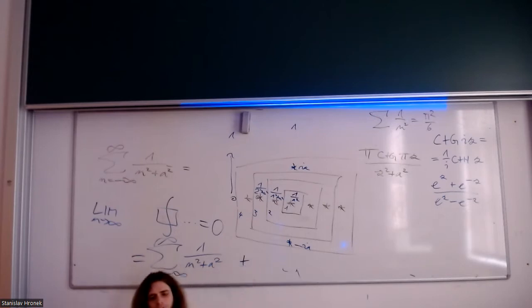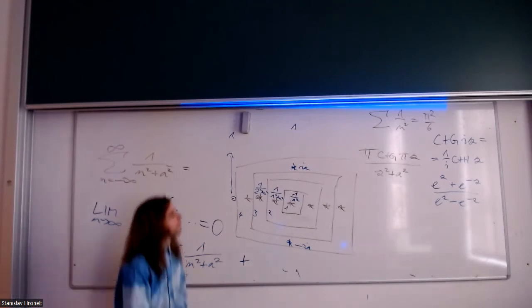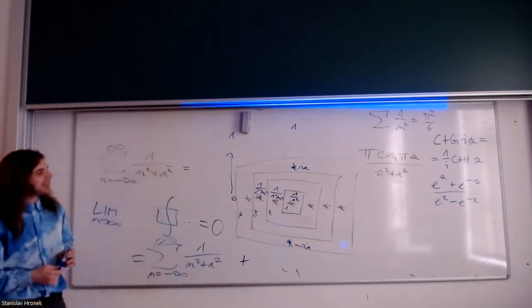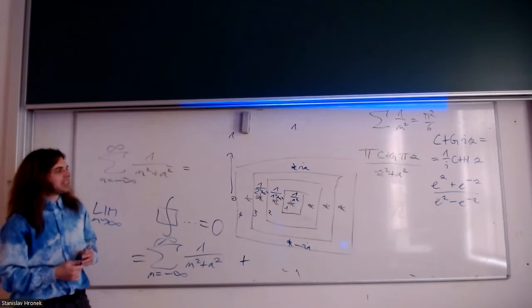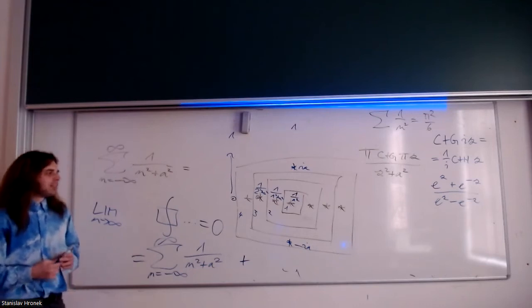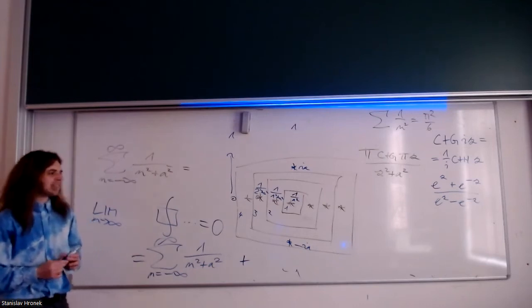Can you argue that this is 0? Can you just say it's an odd function? Well, it's an even function, so these lines, you said, go to 1 here and minus 1 here. It doesn't just follow from being odd.